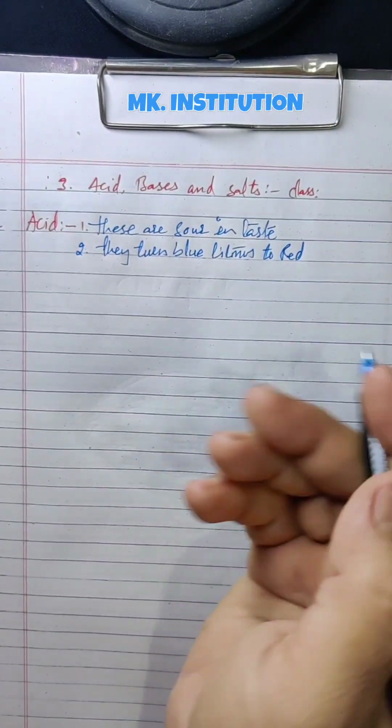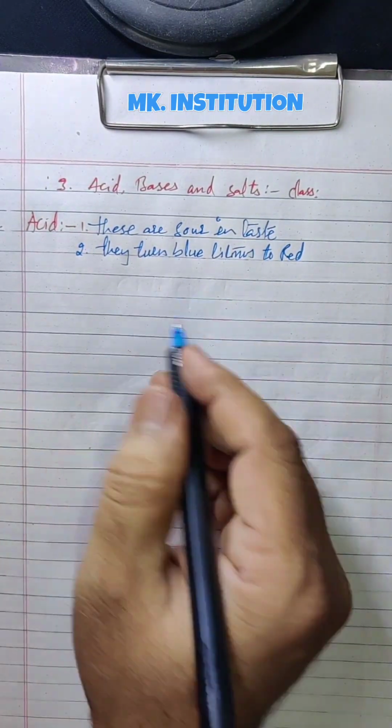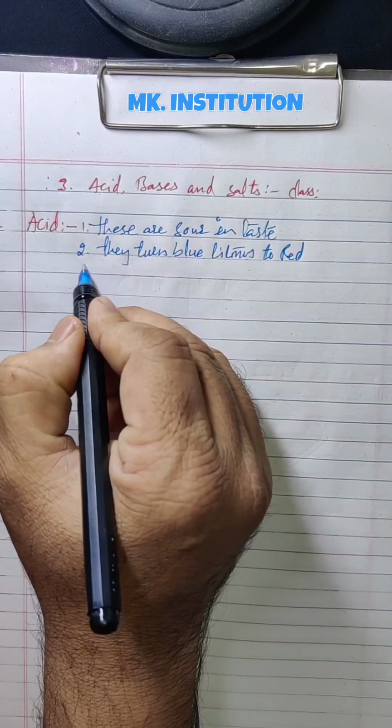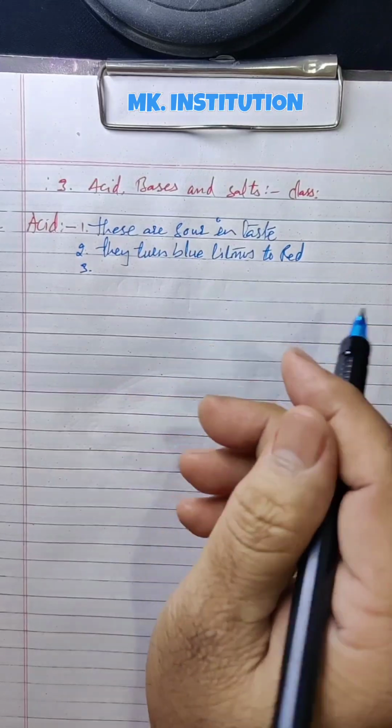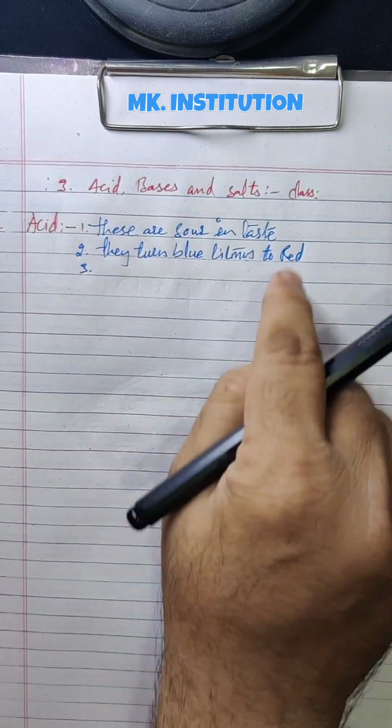Litmus is a paper, litmus paper. I think in the lab you have already seen blue litmus and red litmus, small paper strips. If you dip blue litmus paper into an acid, it changes into red.